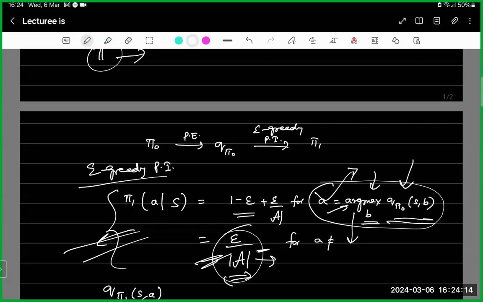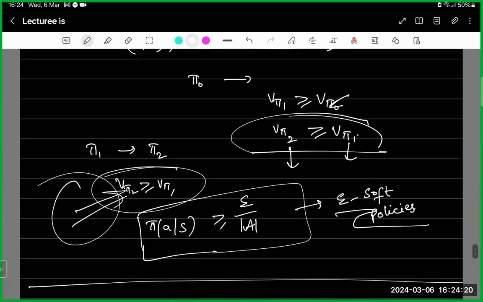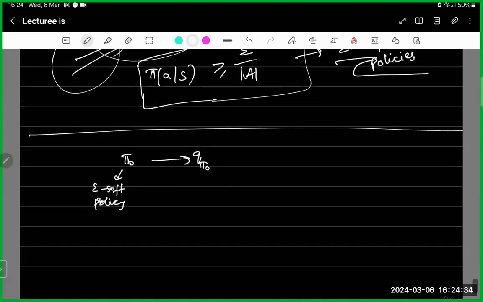If you do that 1 minus epsilon also in exploration, then it's like a uniform policy, where you just sample any action with probability 1 by k. This is also an epsilon soft policy. It's just that you are fully exploring here. Anyway, you need not worry too much about that, but I just want you to appreciate that these two are slightly different. But epsilon greedy is an epsilon soft policy.